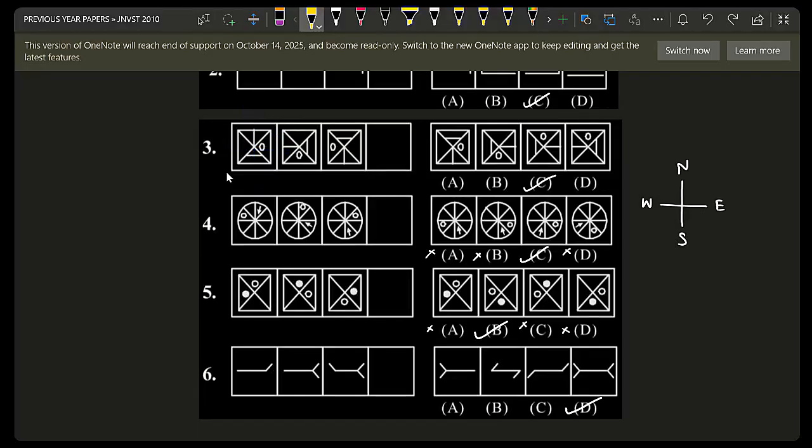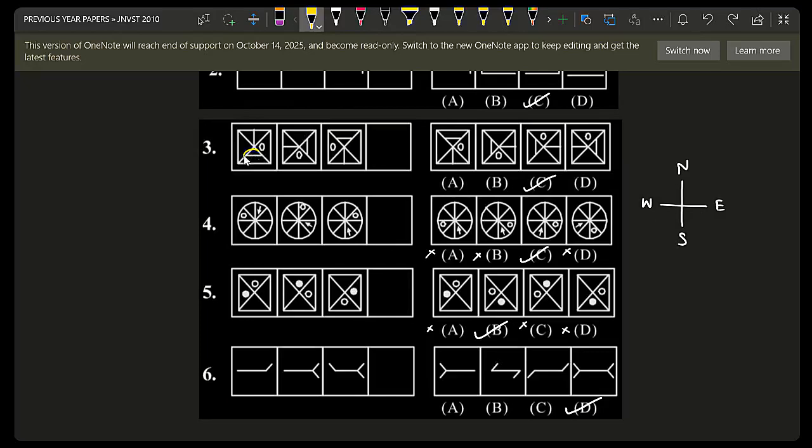East is correct. So from east it went to south. From south it went to west. Next it should go to north. So north is either there in C or D, right? Yes, sir. So the circle is moving clockwise.